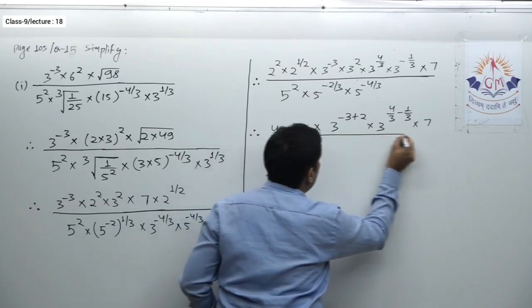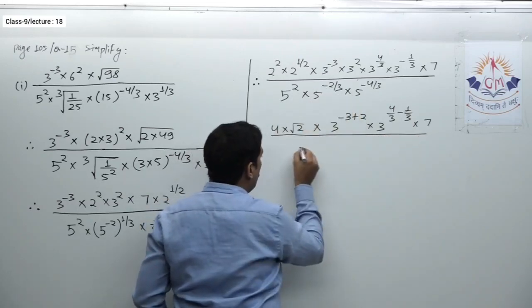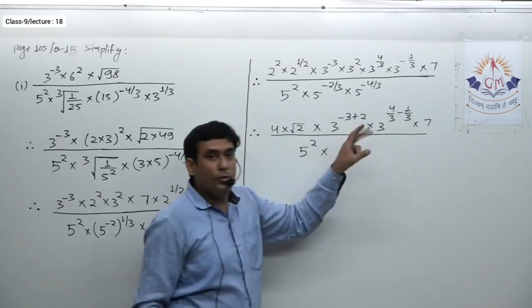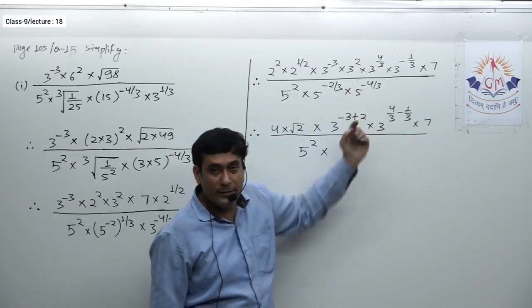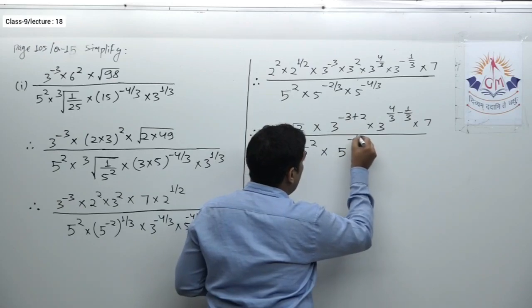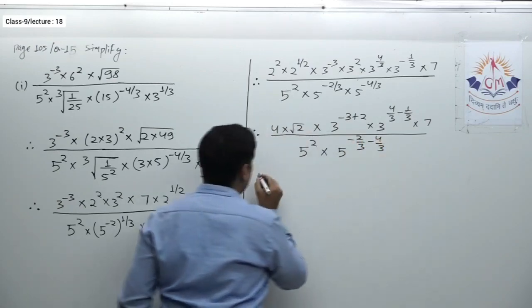And in the denominator, again I can add the powers all together, but by doing so I will waste my time. Here minus 2 by 3 minus 4 by 3 can be added easily: 5 raised to minus 2 by 3 minus 4 by 3.